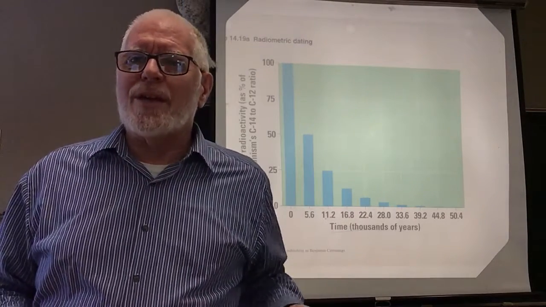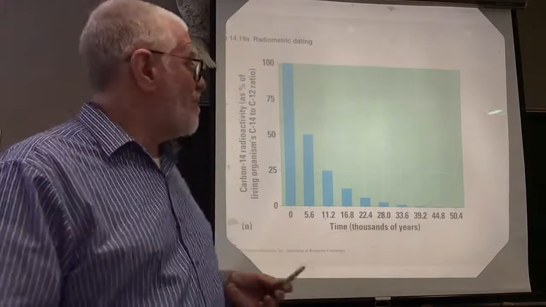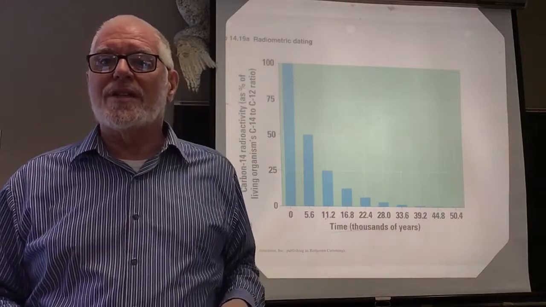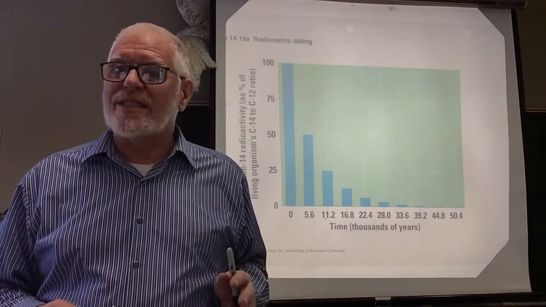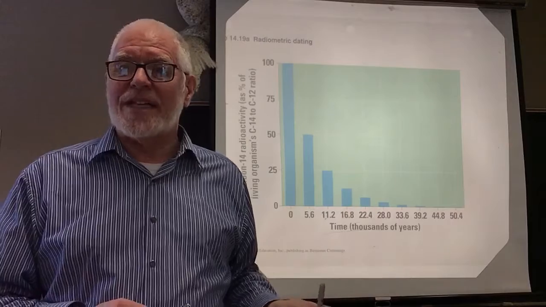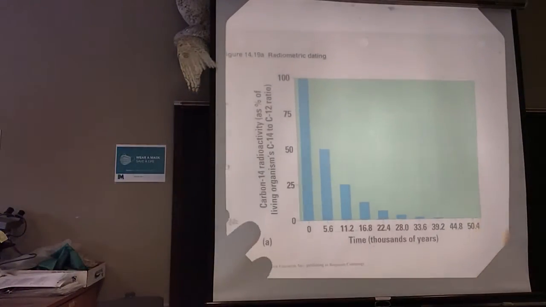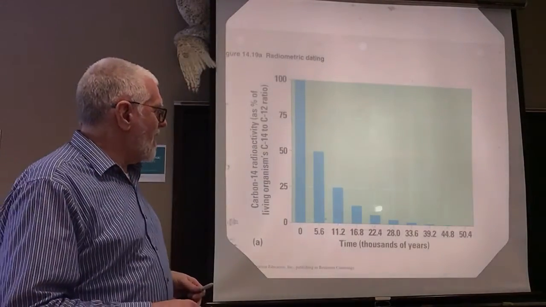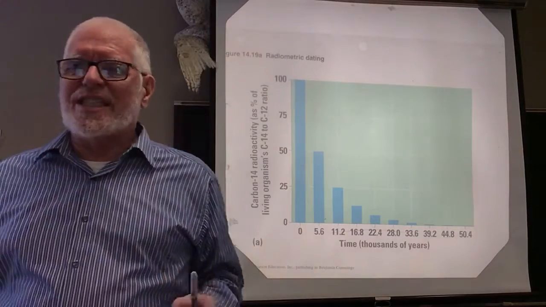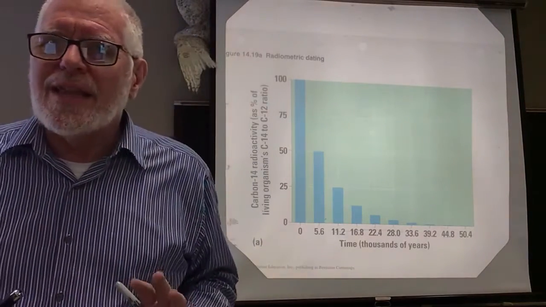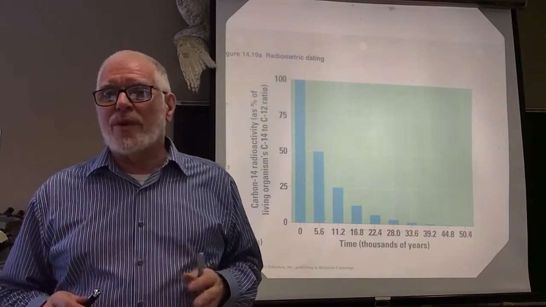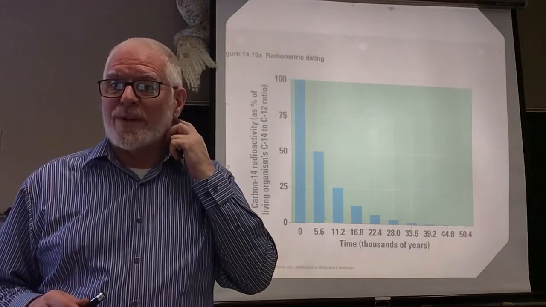Now, if we pick up something that was once alive, and we can measure the amount of carbon-14 that's still in the tissues, we can make a pretty decent estimate of how long this thing has been dead. That's carbon dating. You call it radiometric dating. We can do it with other materials too. With carbon dating, by the time you're about 60,000 years in, there isn't enough of it left. You can't get a reliable enough measurement to make a pretty good guess as to how long the thing has been dead.